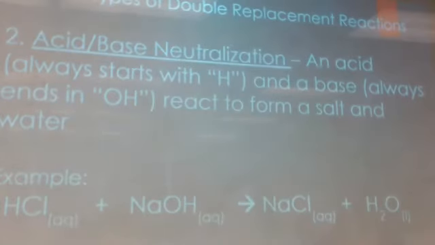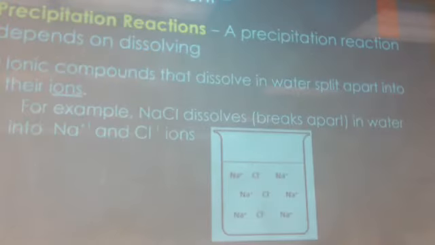All right, so now let's talk a little bit more about the specifics of these reactions. Okay, so back to precipitation reactions. We mentioned that precipitation reactions form a solid. Okay, so in order for the reaction to happen, you need dissolving to occur.